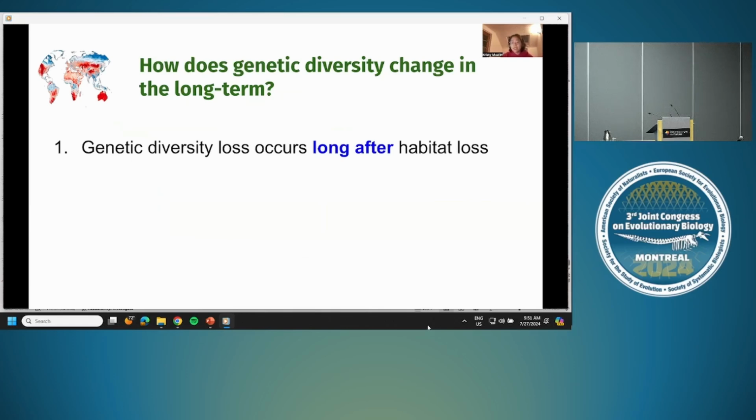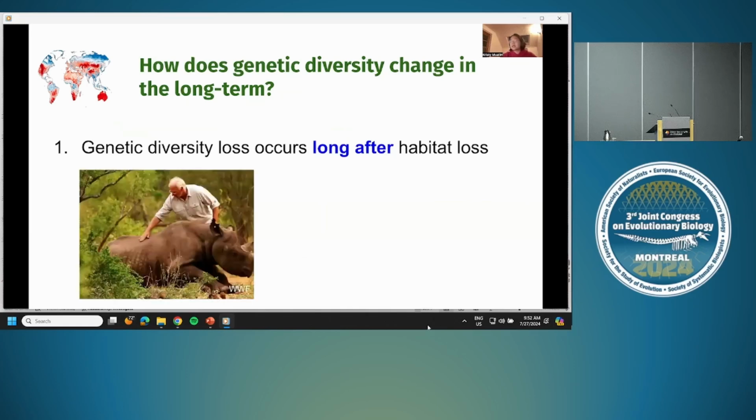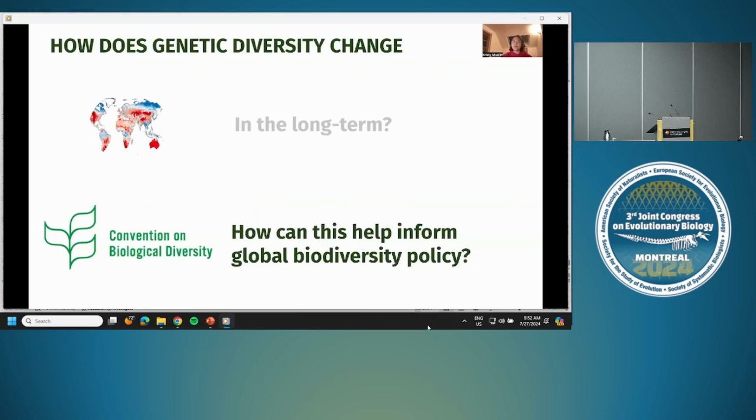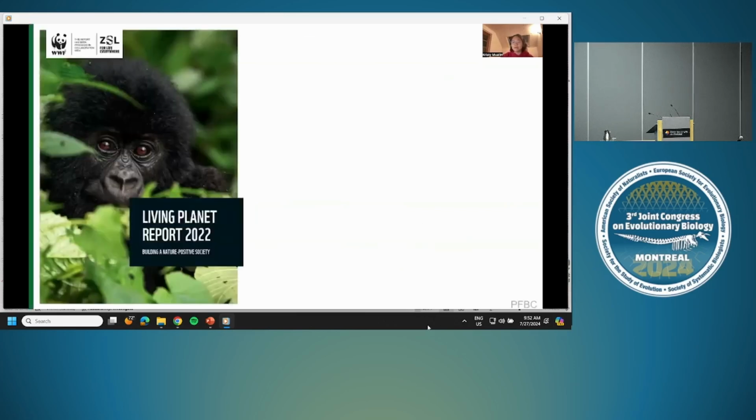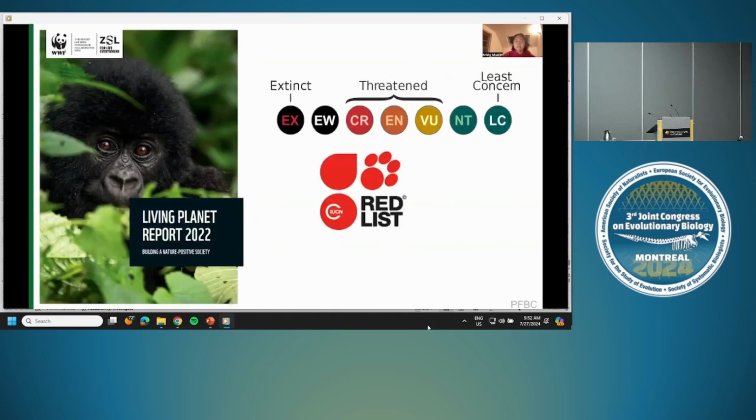Knowing this information can help us better plan for habitat conservation programs, help us develop better indicators to assess extinction risk, and perhaps this information could also be used to help inform global biodiversity policy. One clear way could be integrating this framework with existing indicators like the Living Planet Index, or LPI, and the IUCN Red List.